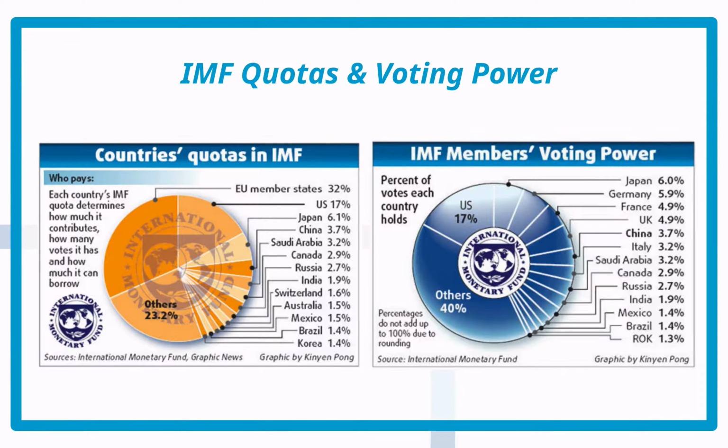I want to talk a little bit about voting power. So I said that the voting power in the IMF is based on a country's quota, right? So the quota is how much you contribute, and it's based on your share of the global economy. The quota is where the IMF gets the money to do the lending, right?